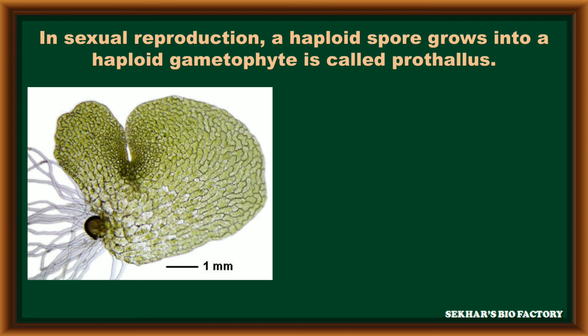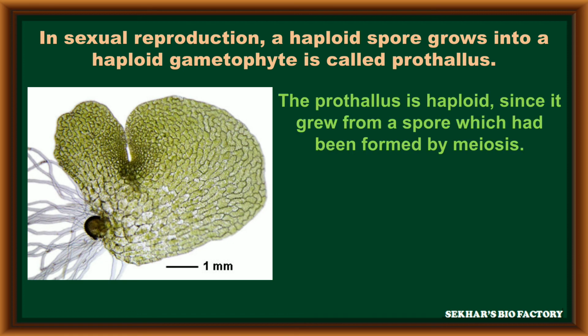In sexual reproduction, a haploid spore produced inside the sporangium produces a haploid gametophyte. Now it is called a prothallus. This prothallus is haploid in nature and grows from a spore formed by meiosis division.